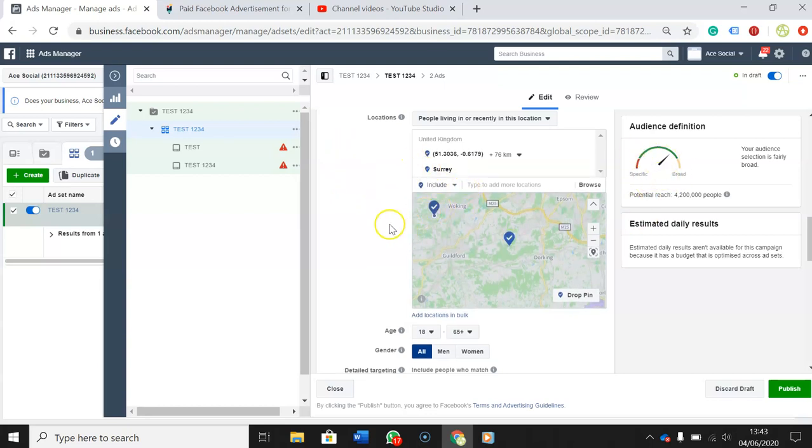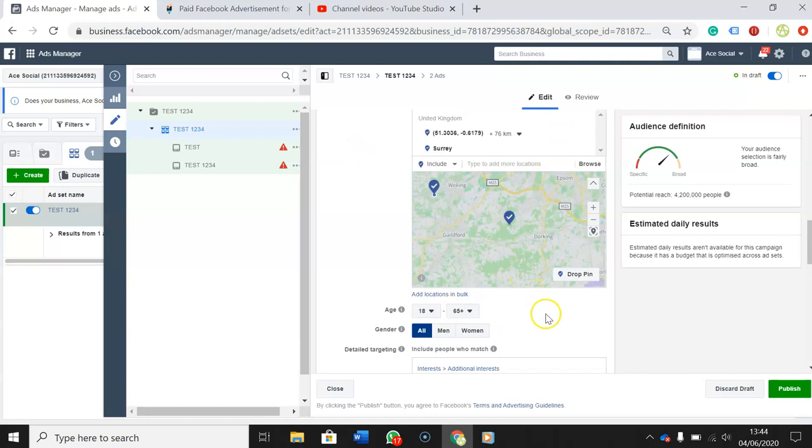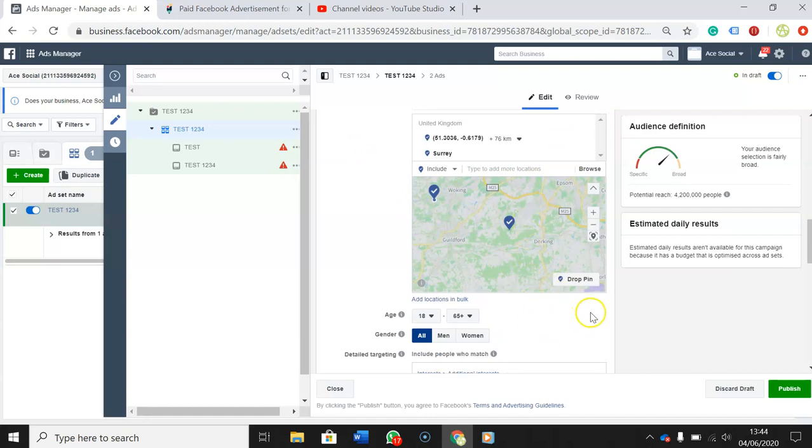But in general terms, how to get your cost per mile lower, there's a few things to do, and one of them is actually being very specific with your interests, because basically Facebook know that so many people are going to be targeted who have popular interests. So the more niche you can make these interests here, and the more relevant towards your brand and towards your creative, which is what we're going to do in the next section, then the further your campaign will go and the more people it will reach for a lower cost.